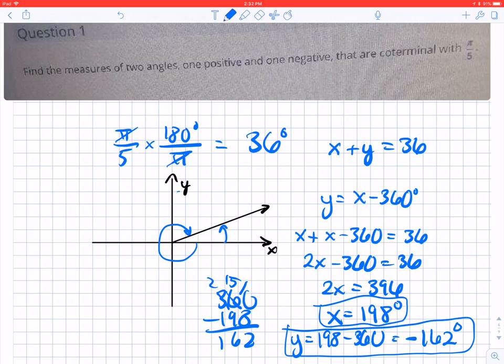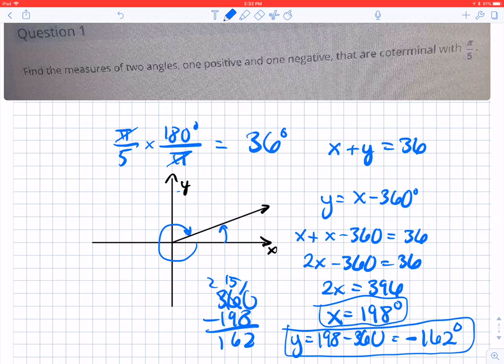When we add them together, we should get a positive 36, and if we go through a full revolution, we should be at one or the other. I think this is fine.